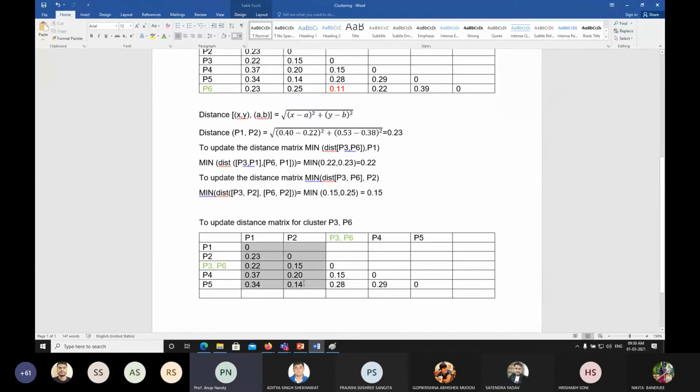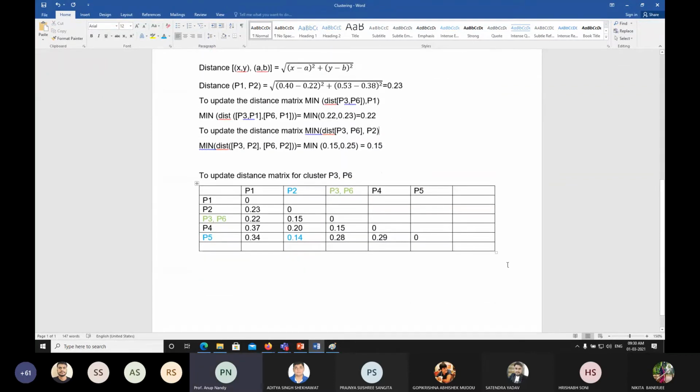Now this again you have to take this. What is the minimum? So minimum is which one? 0.14. Okay. Now this 0.14 it is between P2 and P5. Yes or no?